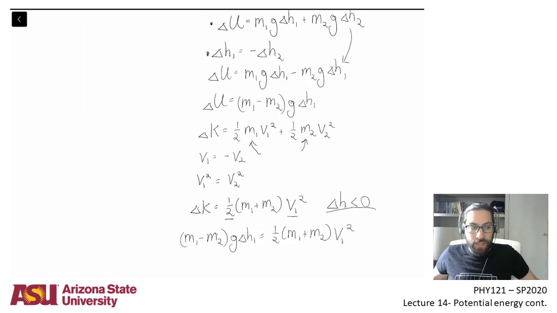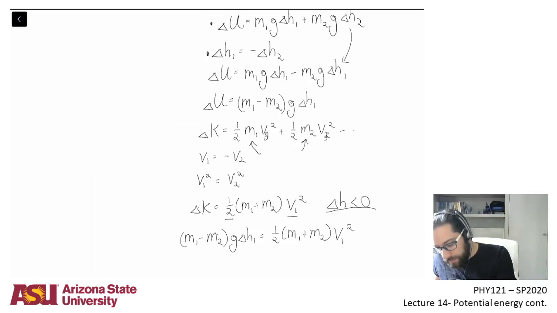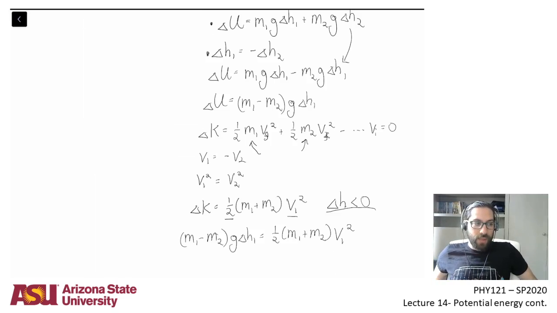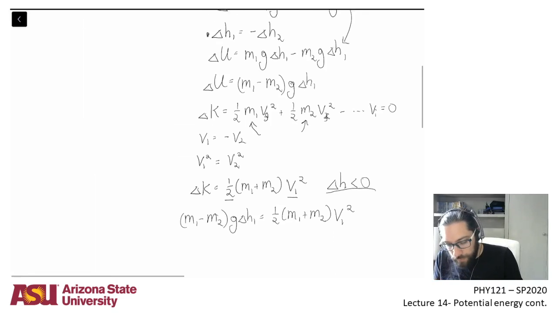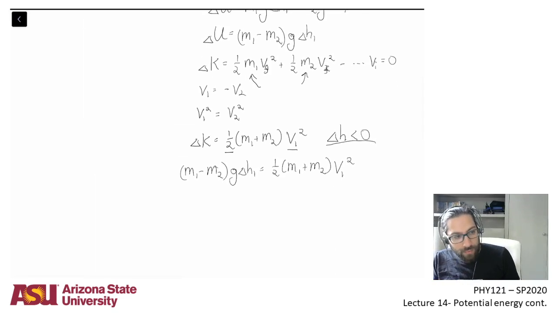This is important because the initial velocity of these is 0, which I didn't quite put in here. Minus, so this is V final. So the initial velocity is 0, and that's why I can write down the change in kinetic energy that way. Therefore, I can now solve for V1.